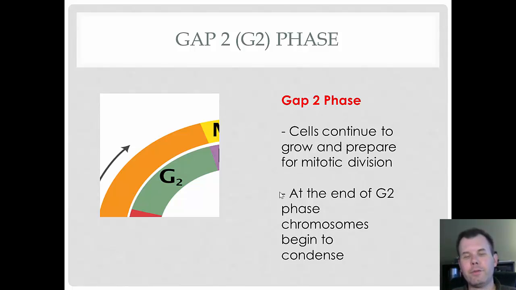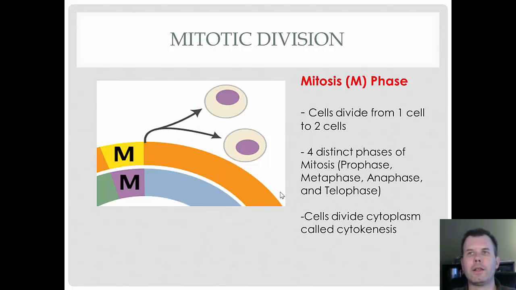But at the end of the G2, we really jump into the mitotic phase, which is the division of cells. And we'll look at that in a second, and then also further on in that lecture. The M phase, which I said is like between 11 and 12 o'clock, is where the cells actually go from 1 cell to 2. And in the next lecture, we're actually going to look at the 4 distinct phases.